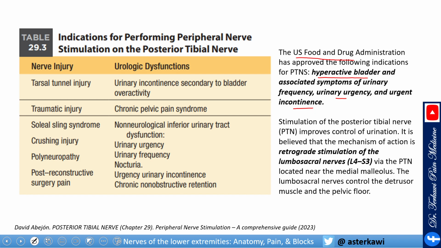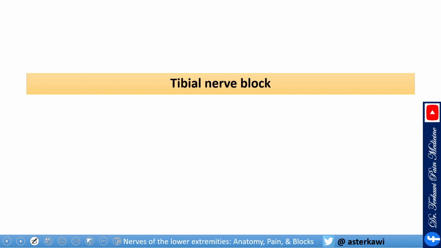The idea is that when you stimulate the tibial nerve, that gives you a retrograde stimulation of the lumbosacral nerve, and that eventually controls the detrusor muscle and the pelvic floor.